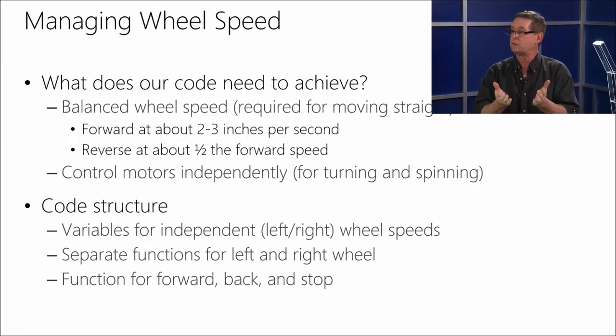Code structure, right? We already looked at a little bit of that too, Paul. When we were building our other routine, we separated out the function for wheel speed into its own routine. That's right. We're going to do that kind of thing again. We'll control our wheels with their functions, and then we'll think about the robot as an abstraction layer above that, right?